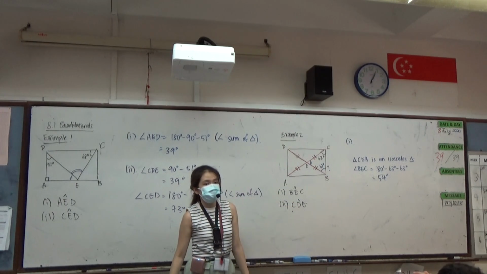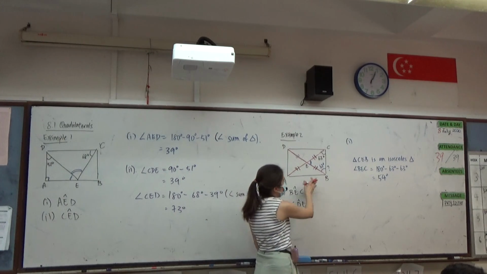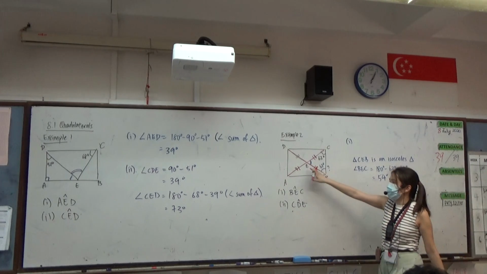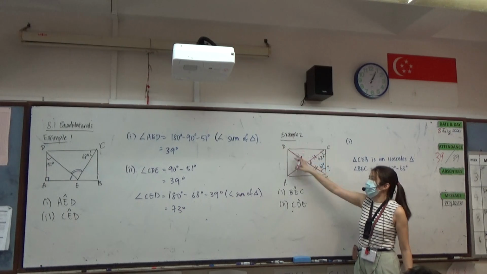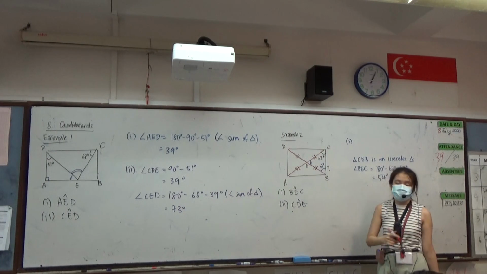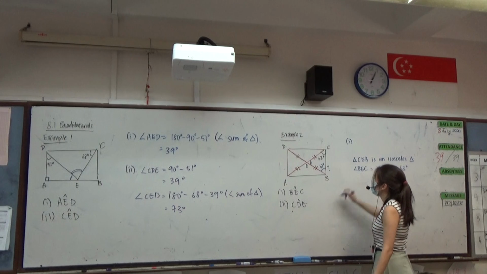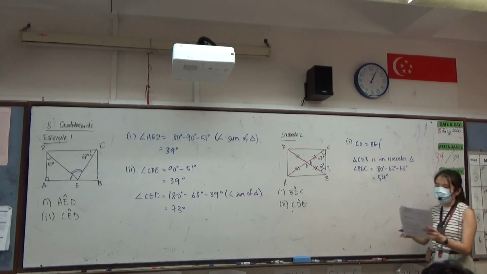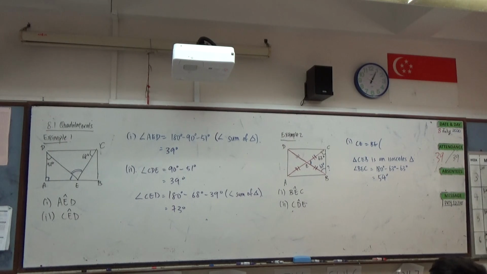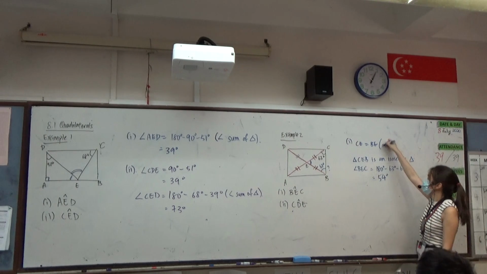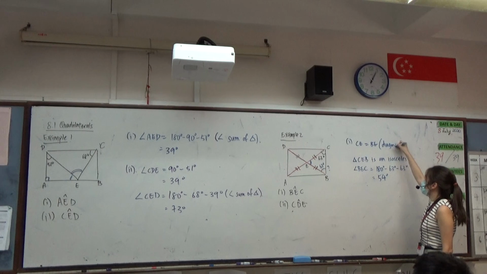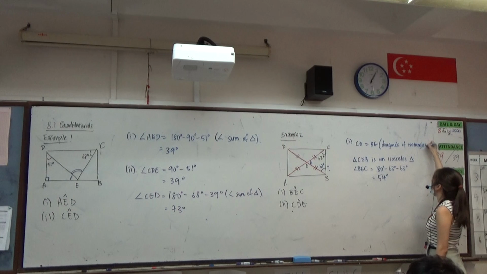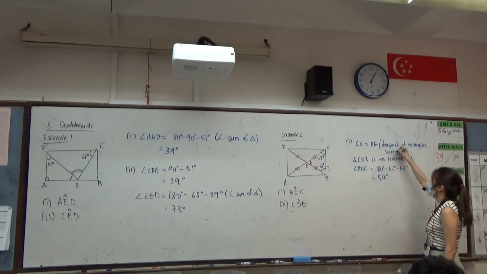Do you understand? So in a rectangle itself, the diagonals, when I have a center point over here, everything inside is equal in length. So that is why CE is equal to BE. And how we explain that in our reasoning is that diagonals of a rectangle bisect each other.